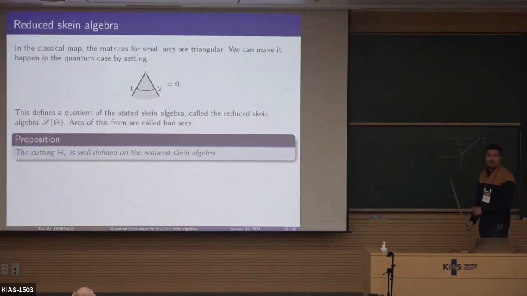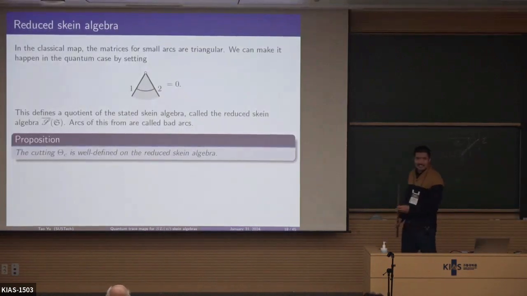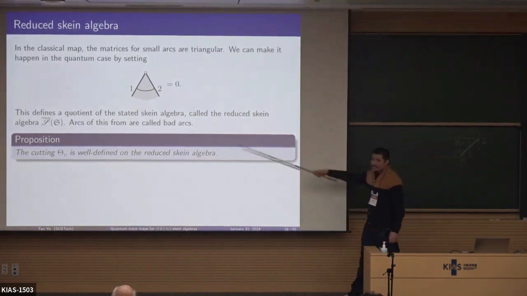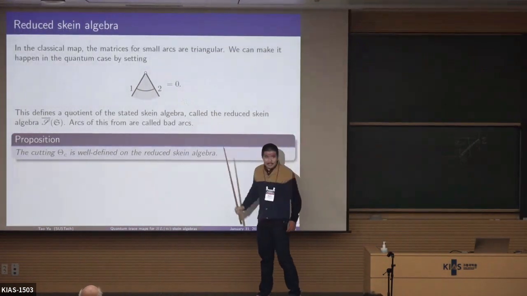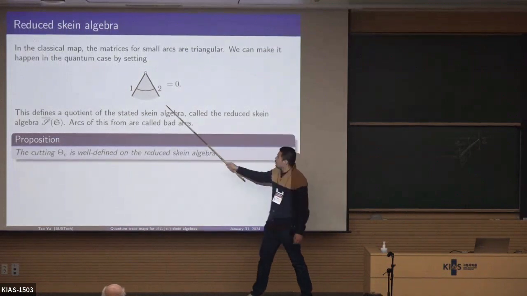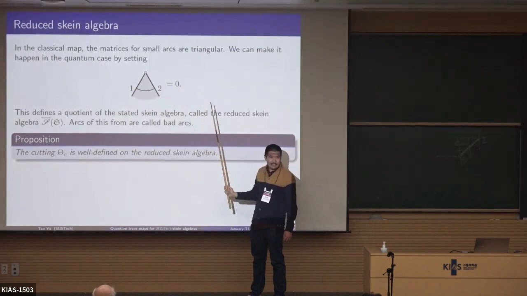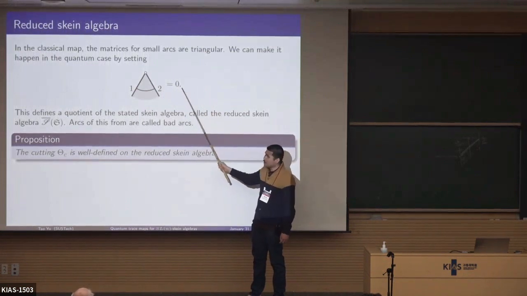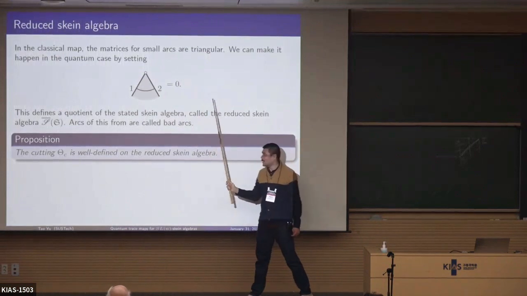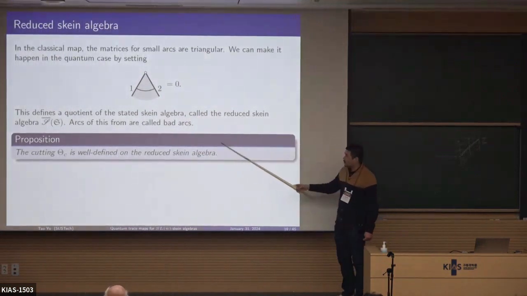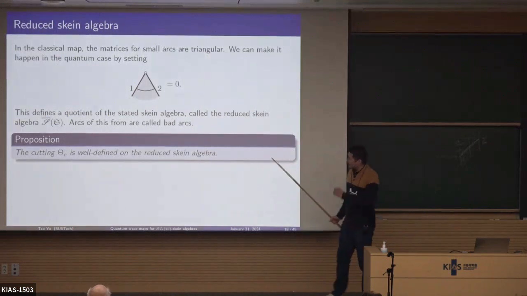Okay, so remember a long time ago, I told you that the matrix has a 0. Now we're going to do this. When you have an arc going like this, and we pick out this specific matrix element, we can actually consistently set that to 0 in a stated skein algebra, and we obtain a new algebra called the reduced skein algebra.